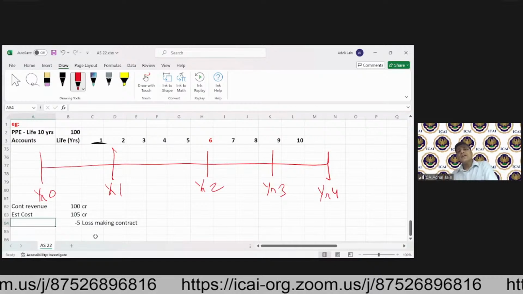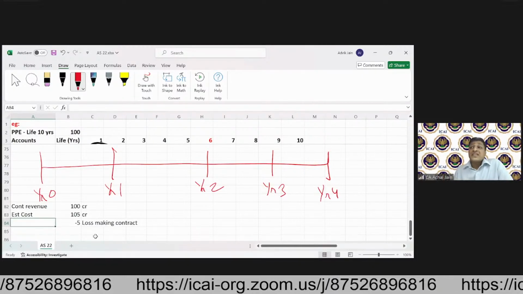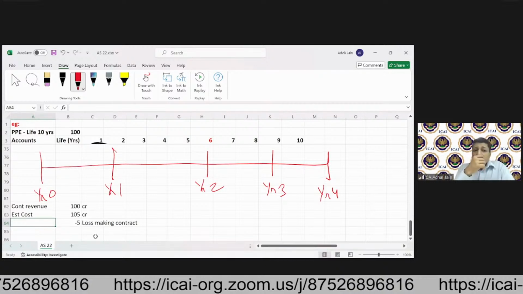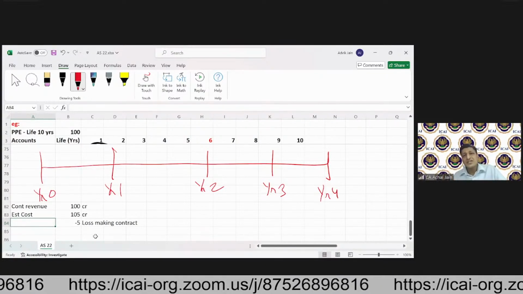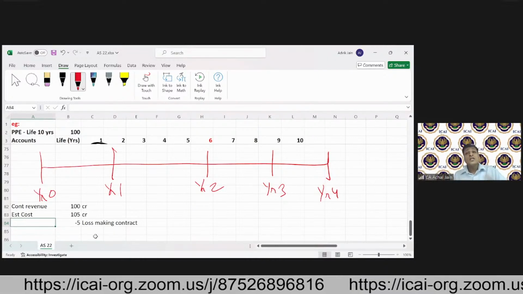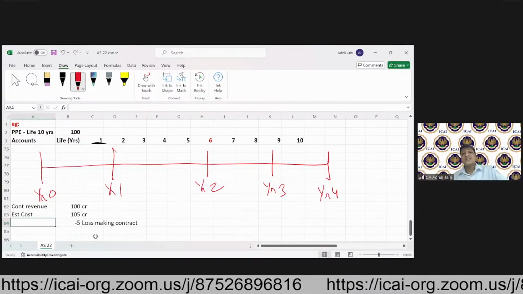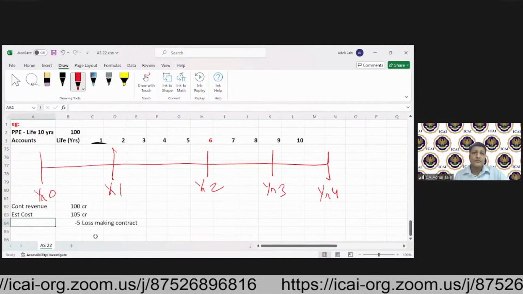This cost will be incurred over a period of 4 years. And similarly, this revenue of 100 crore will again not be recognized in the first year itself. It will be recognized over a period of 4 years. So we have contract revenue as well as contract costs getting recognized over a period of 4 years.